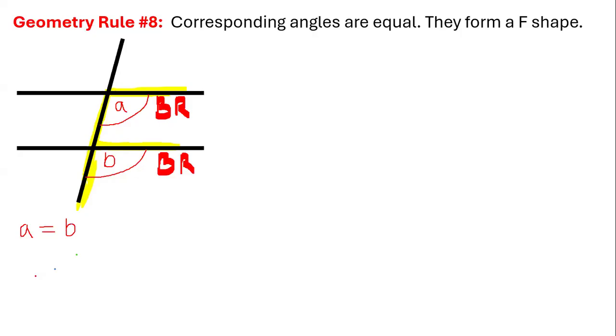A is equal to B because they are corresponding angles.